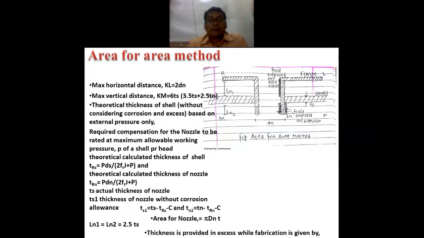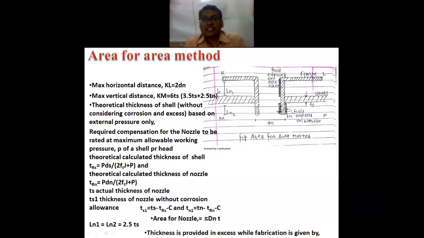Now there are different methods for the reinforcement. The area for area method is the most common in chemical industries. Area for area method means the same amount of area that has been taken out is to be provided as reinforcement, so that the weak area will be compensated.